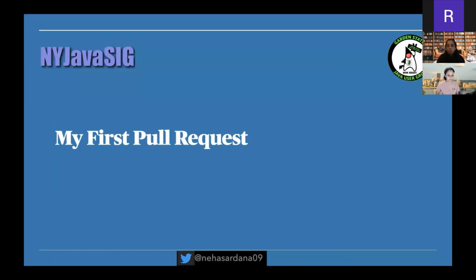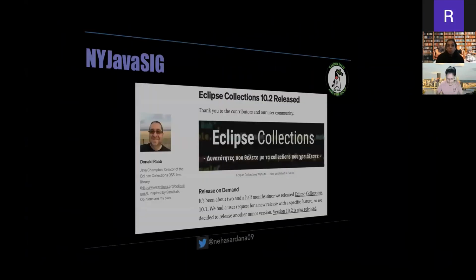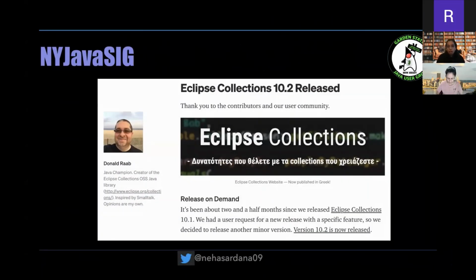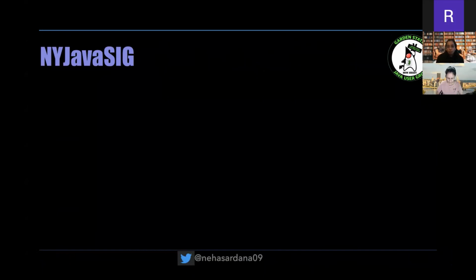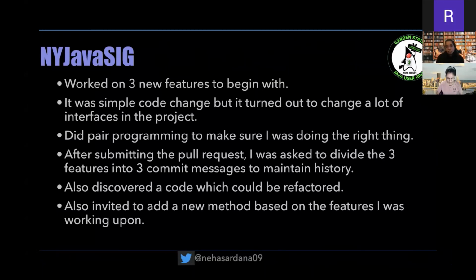Okay, now is the time I will talk about my first pull request. For my first pull request, I started working on Eclipse Collections, and I initially decided to work on 3 new features to begin with. These were the map APIs. I picked up the library first, and then I picked up the issue, because I understood the issue.